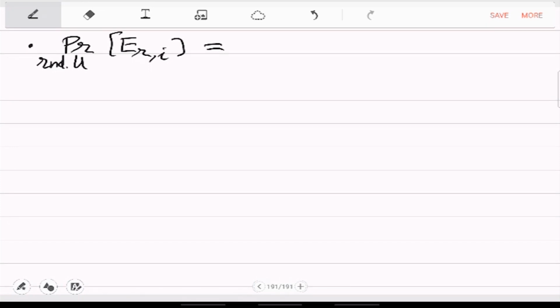So this is 1 minus the size of R plus S, by 2 raised to m, which is the size of the whole space.